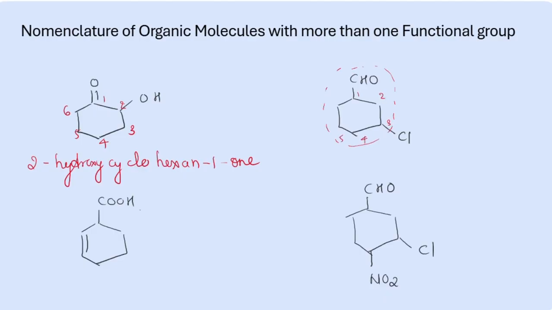But the priority goes to the carbon where the functional group is attached. That means what? The name of the molecule is 3-chloro, right? And then cyclohexane carbaldehyde. Carbaldehyde. If it is a 5-membered ring, call it cyclopentane carbaldehyde.